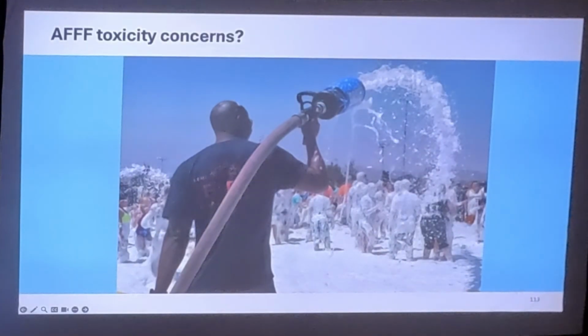DOD is spending millions of dollars trying to replace these foams with non-fluorine containing foams, which is necessary. But they're trading off saving lives. If you're on a ship and there's a fire, you want that fire out as quickly as possible. So it's a balancing act DOD is going through to try to replace these AFFF compounds.